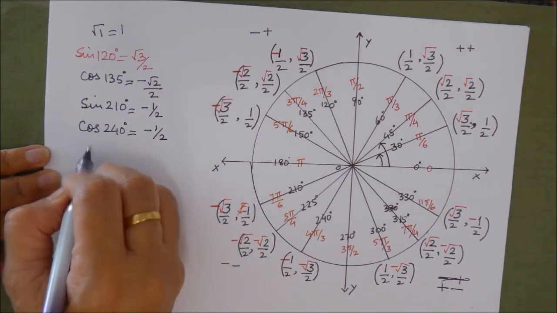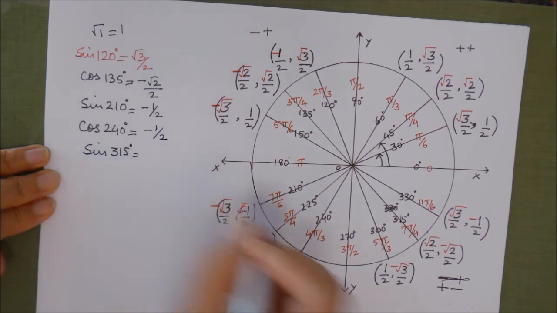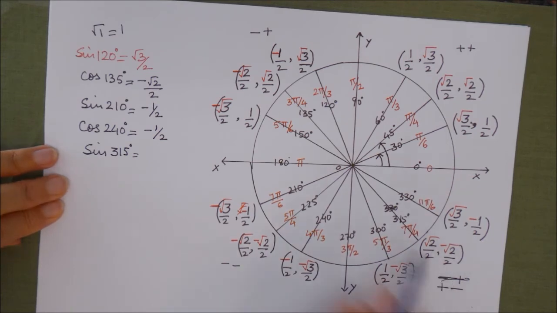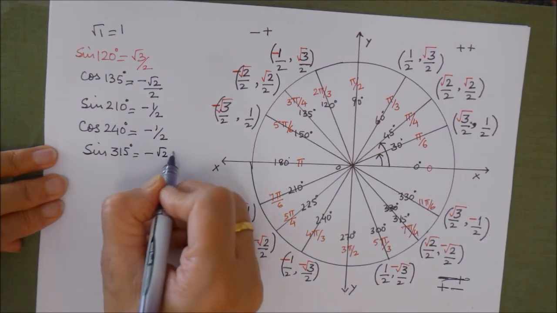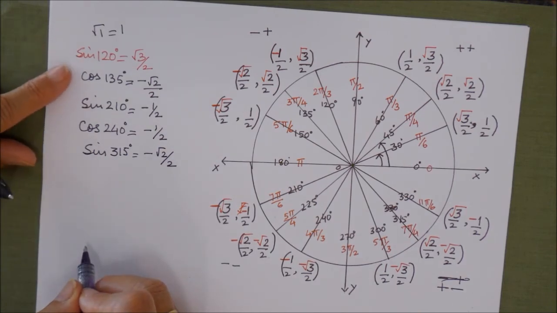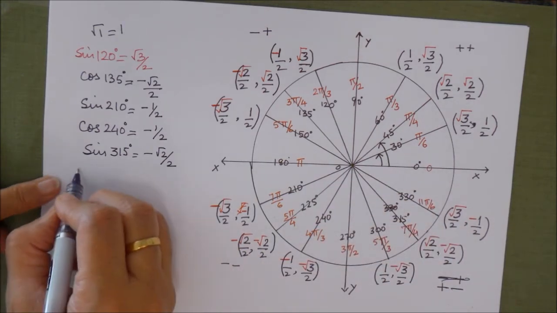Likewise sine 315 degree: we go corresponding to this, and sine is the y part, so it is minus root 2 over 2.